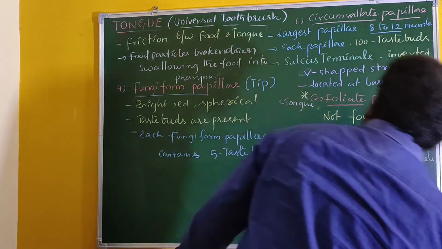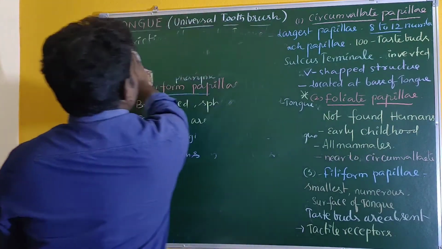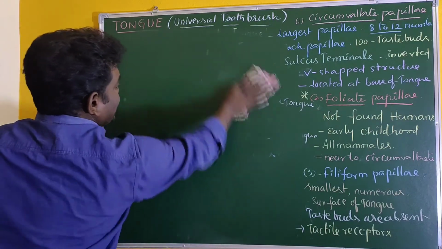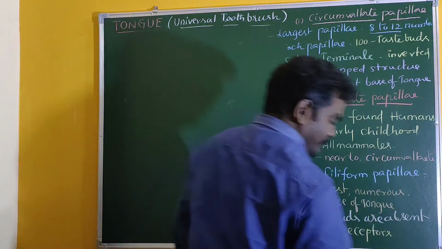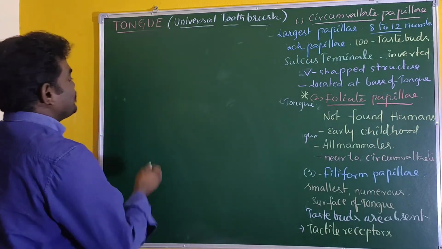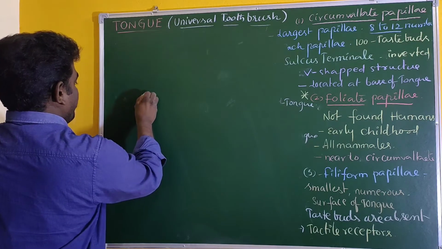Let me focus on the diagrammatic part related to the tongue, which is also detecting 4 kinds of tastes. I would like to draw it here.